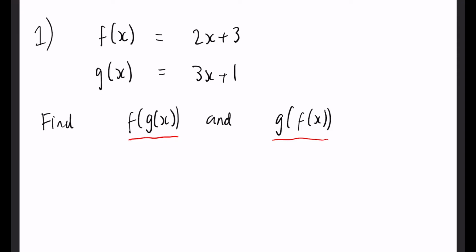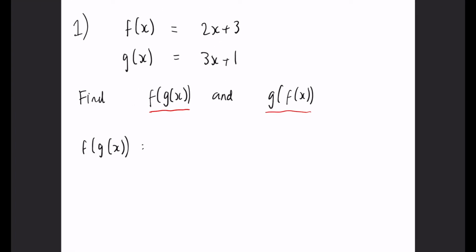So let's focus on f of g of x first. So you can see here, all that's happened is rather than having an x input on the f function, our input is now g of x. So we have to take the g of x and replace what the x would have been.